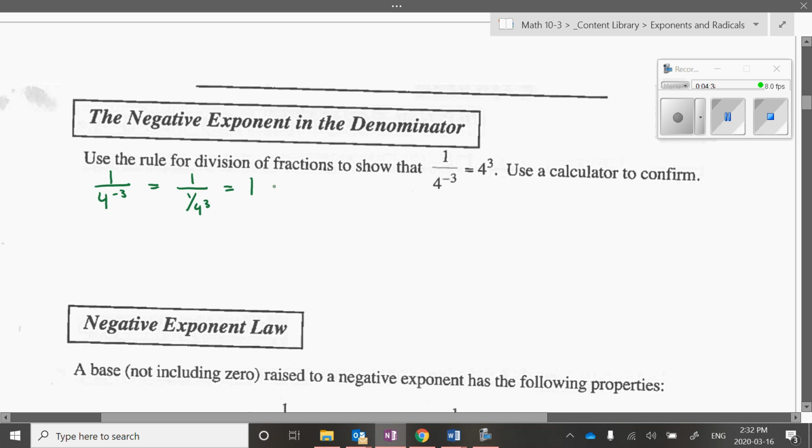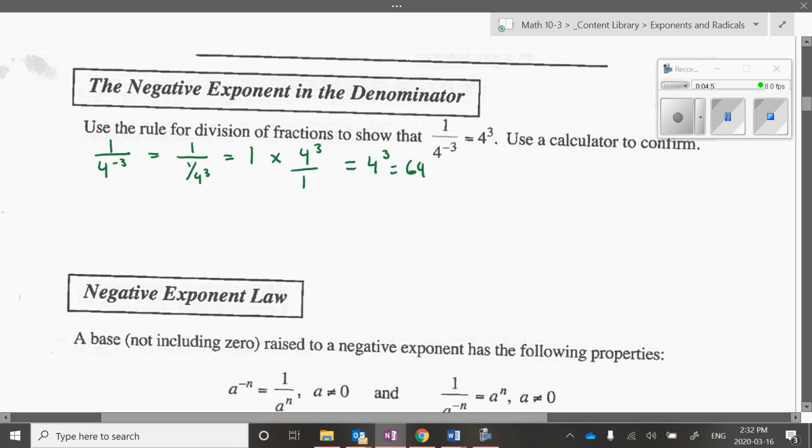So my numerator, kiss and flip, you've heard it that way too. Reciprocal, so my bottom piece becomes my numerator. My 1's cancel out, so I'm left with 4 to the power of 3 equals 64. Hopefully, you have your calculators with you, and you could actually type that into your calculator. You will also get 64. Make sure you're using a negative and not the subtraction sign.